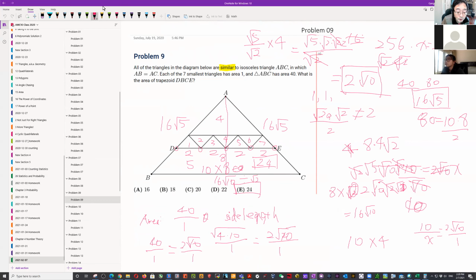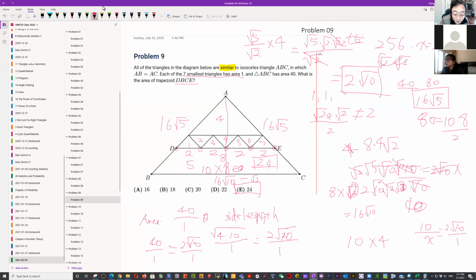So this problem is trying to calculate the area of the trapezoid D, B, C, E. So basically, we are really trying to calculate the ratio of those similar triangles.